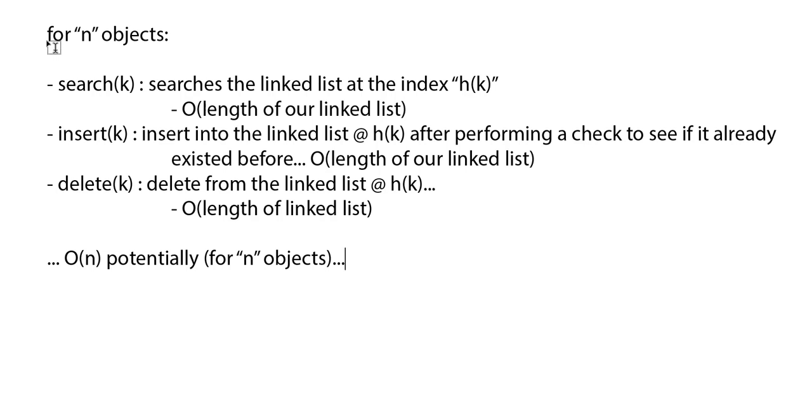So our dictionary operations are O of n in the worst case, which is certainly not what we set out to improve with. Remember, we wanted O of 1, or rather theta of 1, right? Constant time operations is what we want, but we just found that this can be potentially O of n.